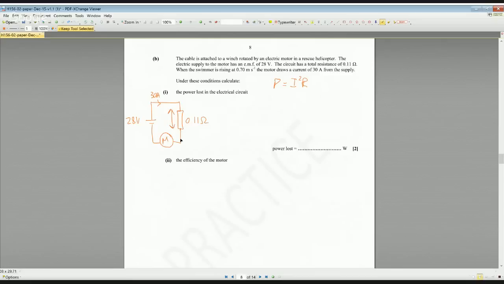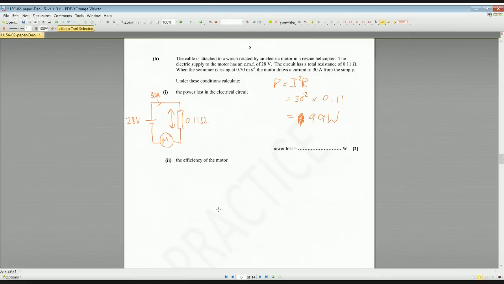So that's why you can't use an equation that involves V, and that's why in almost all power lost calculations you will use I and R. We know I is 30 amps right the way around the circuit. We know R is 0.11. So we can do 30 squared times 0.11, and that will give us a power loss of 9 watts.